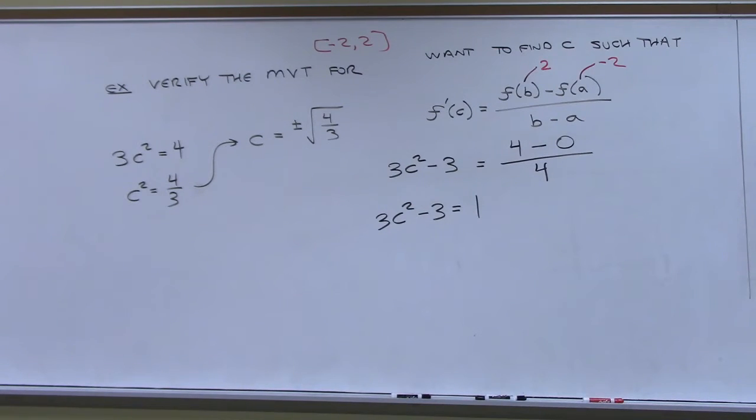And I'm going to graph that on the interval negative 2, 2. There it is. If I connect this point to this point with a line, let me see if this can do it.